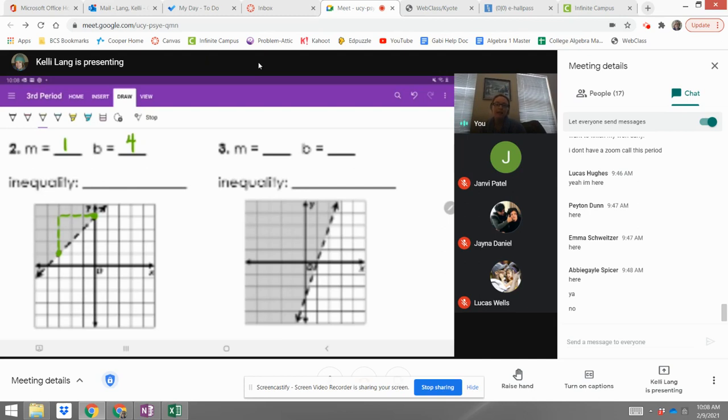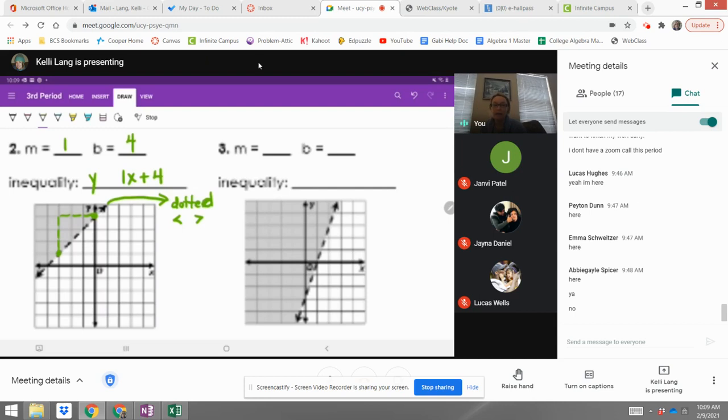So now we can write this in mx plus b form, which is y equals mx plus b. Instead of an equals, though, I just left a blank. And you also don't have to put the 1 there, the 1x. You could just write it as x plus 4. All right, now it's time to figure out what type of inequality sign we want to use. Based on the fact that this is a dotted line, I know that my symbol is going to be one of these.